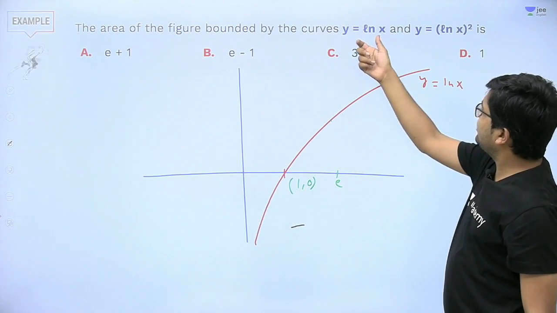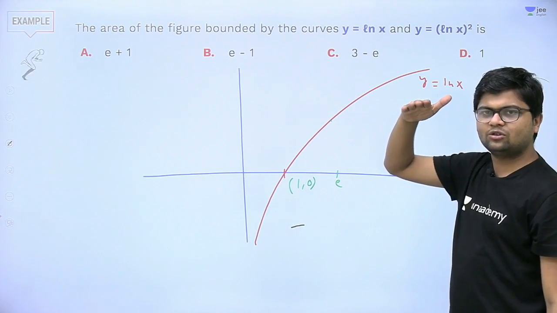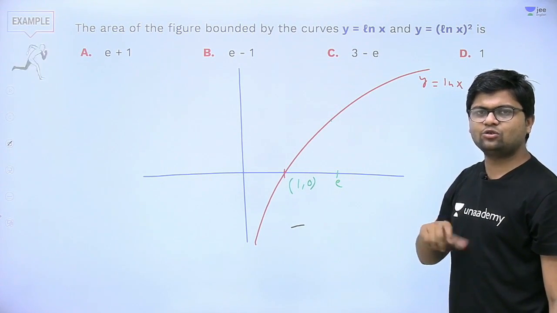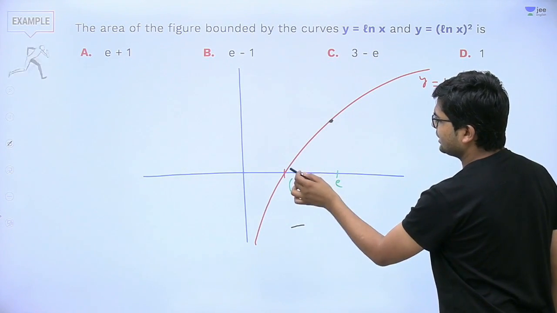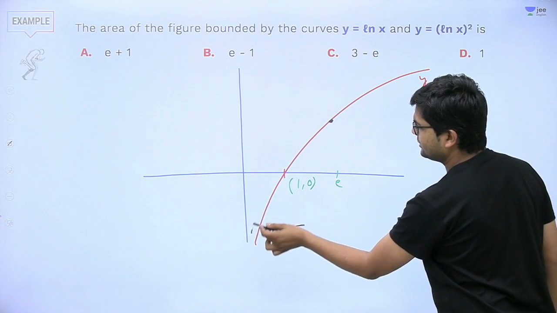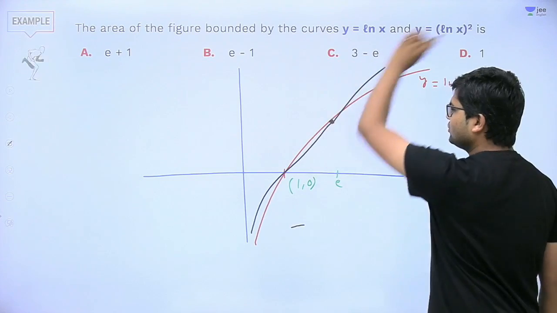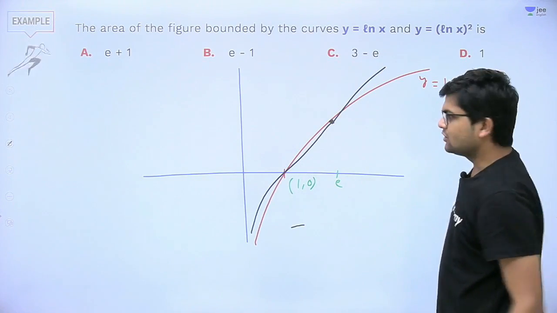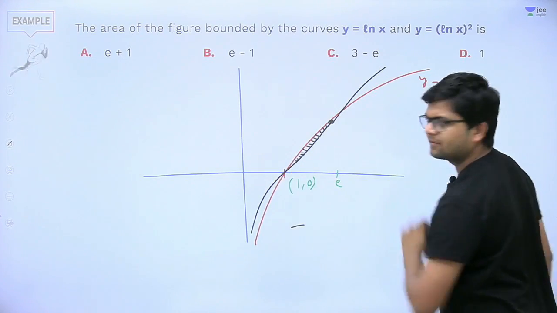So if you square that fraction, (ln x) square, that fraction becomes even smaller, because you are squaring it. So therefore from 0 to 1 this graph will be something like this, and it will again cross that graph in the upper part. So the shaded area between these two graphs will be this one.